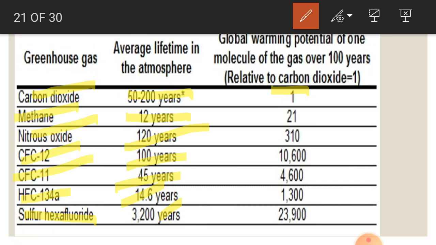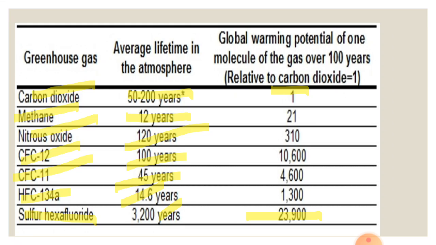The global warming potential of sulfur hexafluoride is 23,900. It means it will heat up the environment a great deal. It can sustain in the environment for around 3,200 years, and its global warming potential is huge. So this is all about global warming potential.